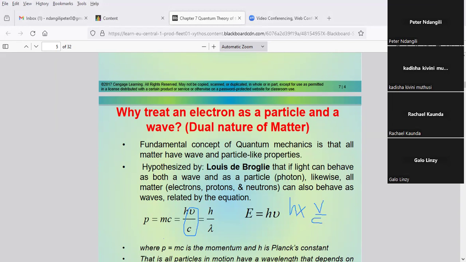Last time I said that c is equal to nu lambda, if you remember that very well. Now, from this equation, we can say that lambda is equal to c all over nu.